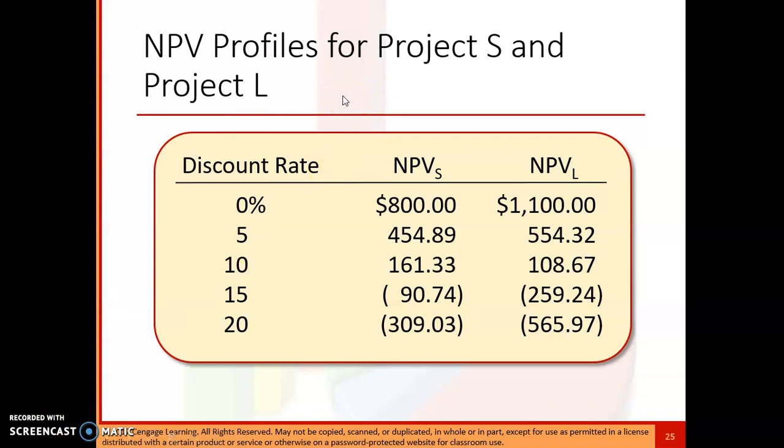So what you're looking at here is what's called an NPV profile for both Project S and L. If we start out here at 0, we can see that the actual cash flows are greater for L than they are for Project S. And at a low required rate of return, Project L is actually worth more than Project S, the net present value.